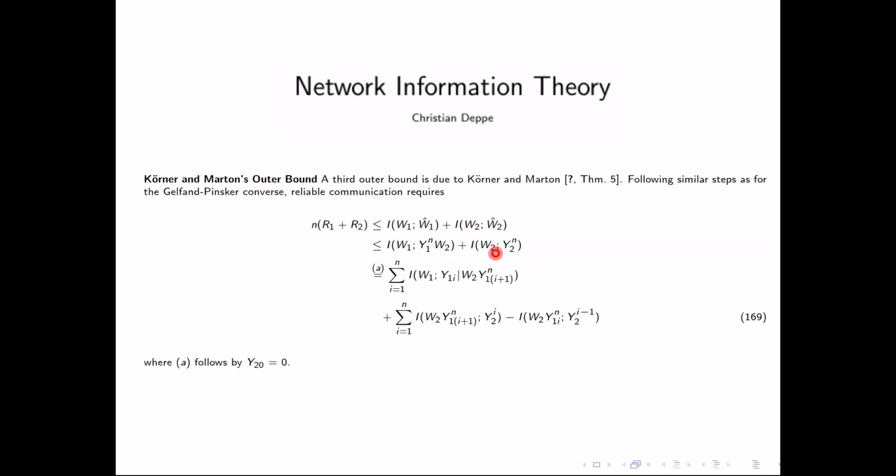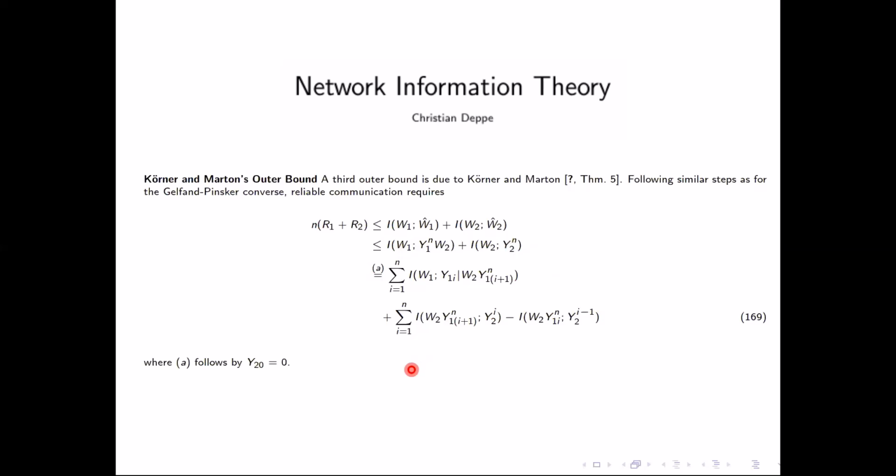So we can write this mutual information as this sum plus this sum here. And sorry, here's a misprint, it's also in the script, it must be Y2 to the 0. I think it's also a misprint for Gelfand-Pinsker. The 0 must be upwards, not downwards, because this here is 0. So if you put all sums in and write them down, you will see that only this one remains.